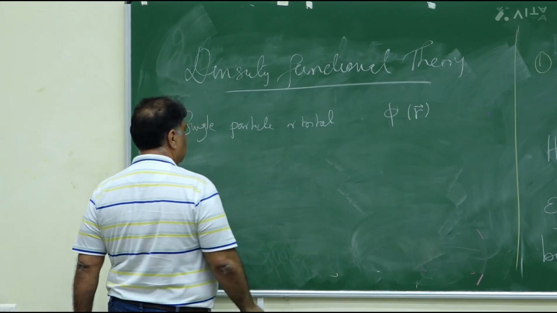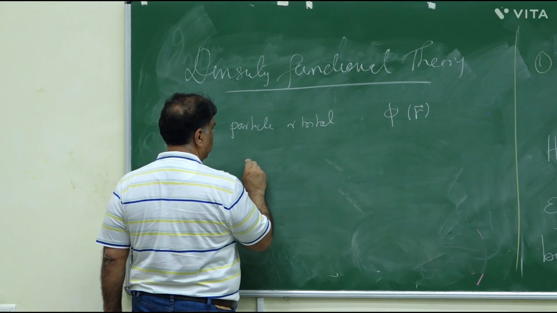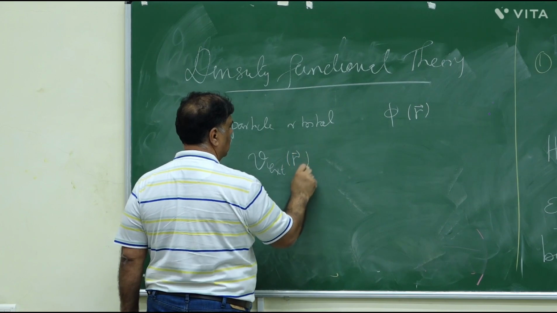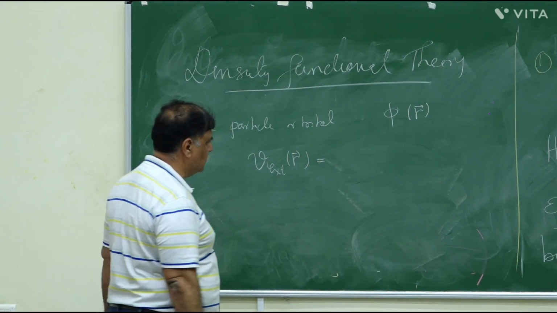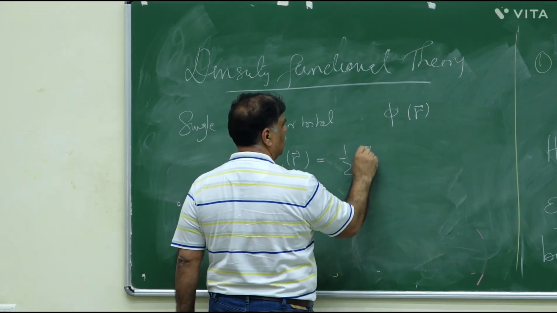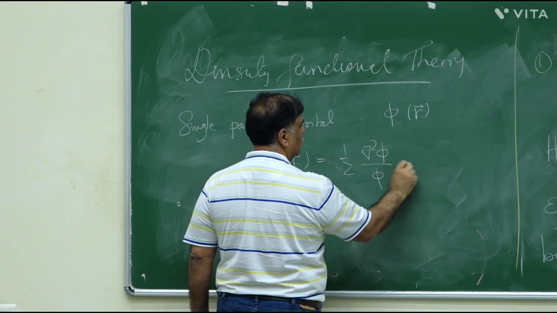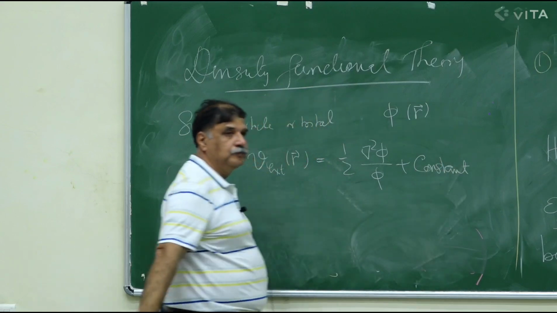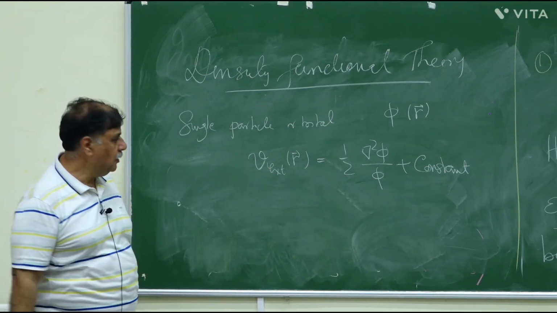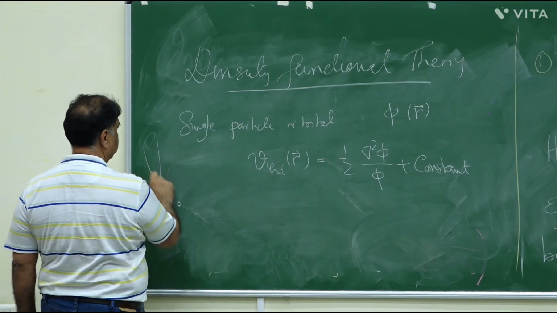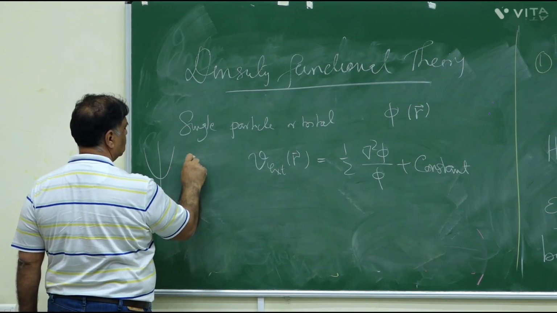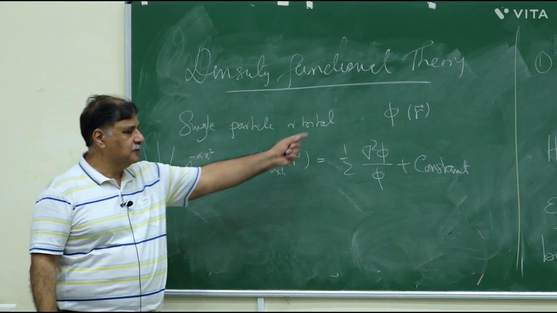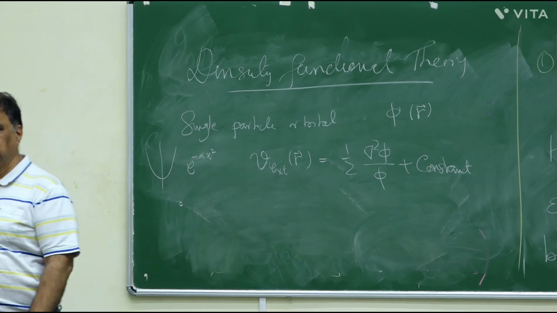And then you can write the external potential v(r) by inverting the Schrodinger equation: 1/2 del square phi over phi plus some constant. That's perfectly fine, right? For example, if I have a harmonic oscillator, I know the wave function is e raised to minus some alpha x squared. I do this and I get my answer.